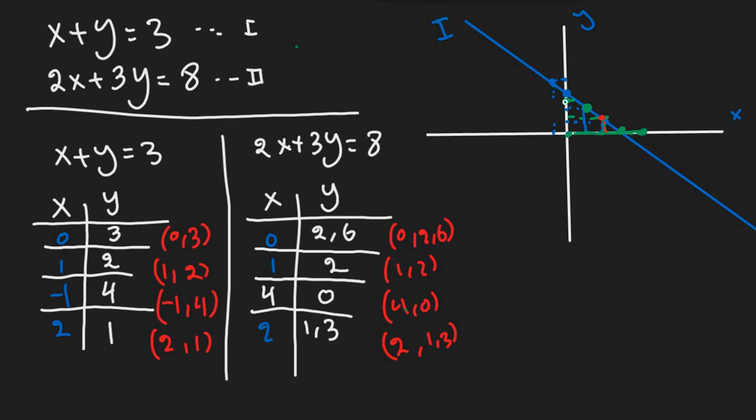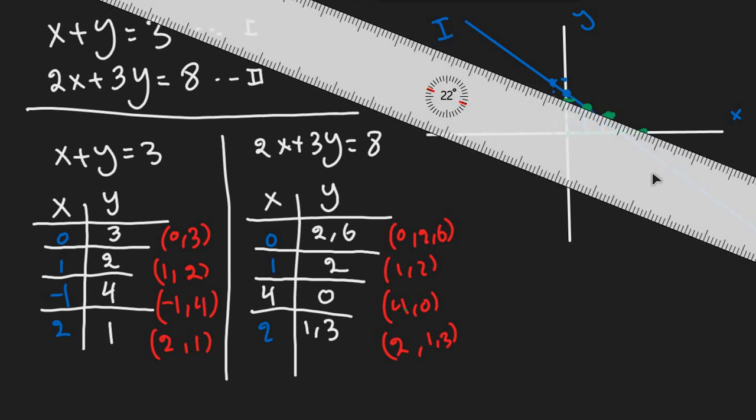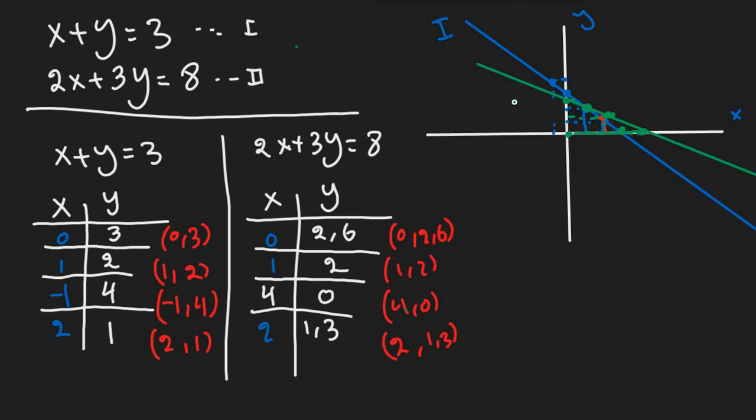These points are, one is here, one is here, another one is here. Yeah, this one is 2, it's coming someplace here. Let me draw it again. It must be like this. Yes, it's like this.